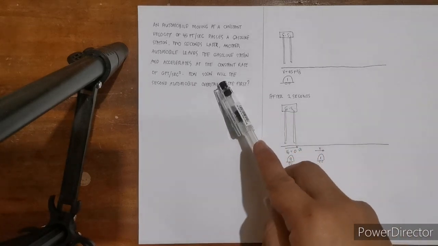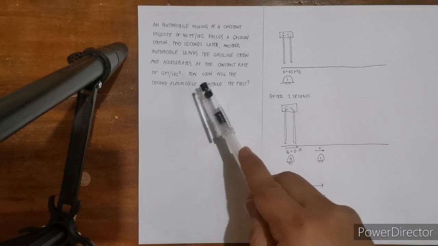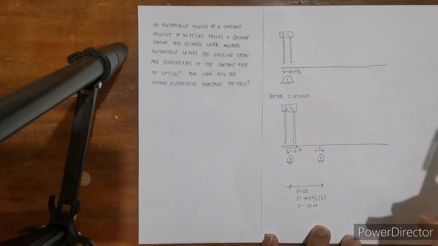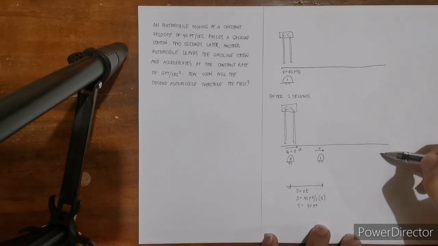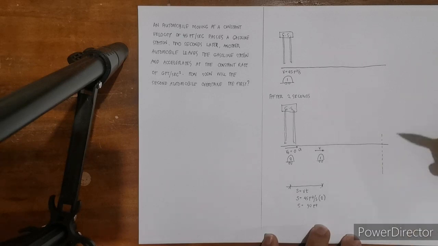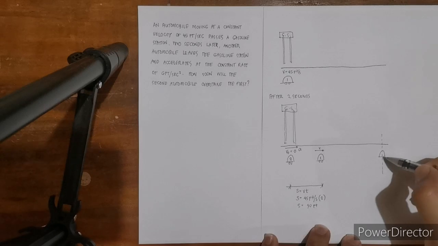Now, the problem is to solve the time that the second automobile overtakes the first, or kung i-rephrase po natin yon, the time that the two cars will meet. So, saan sila magtatagpo? Hindi natin alam. Let this be our meeting point. So, after a certain time, nandyan na yung ating first automobile, nandyan na din yung ating second automobile.